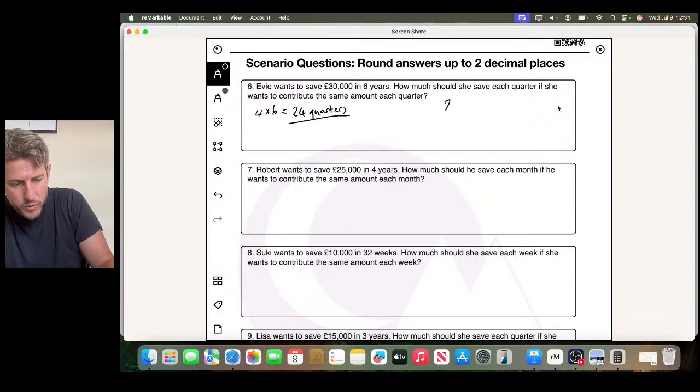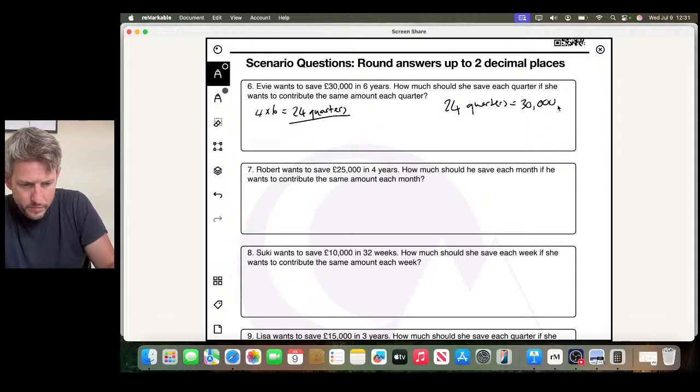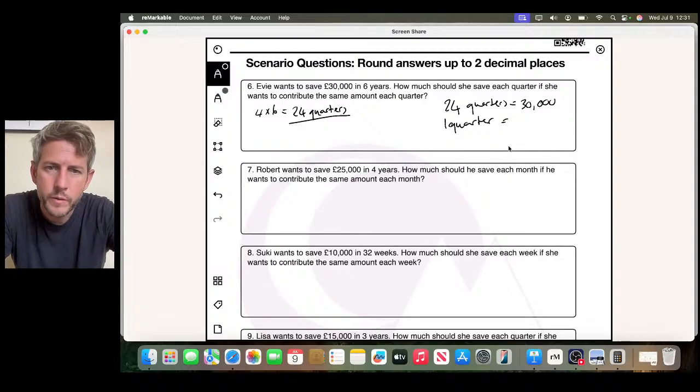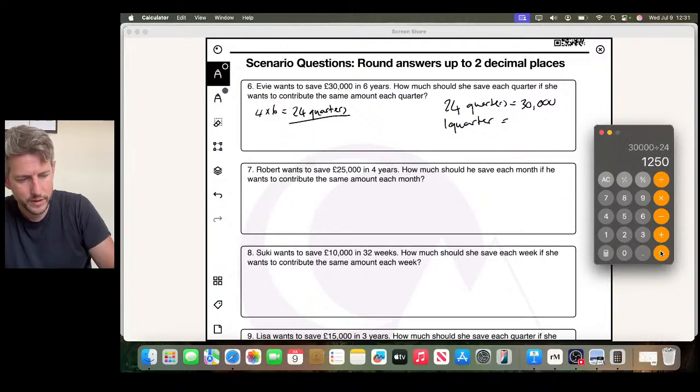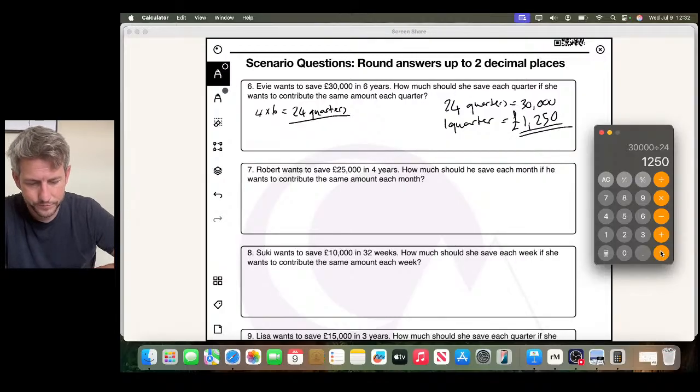So 24 quarters is equal to the 30,000. So 1 quarter is equal to the 30,000 divided by 24. So let's do that. Okay, so that'd be £1,250. Okay, great.